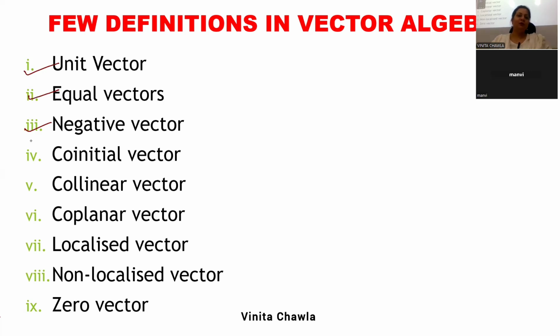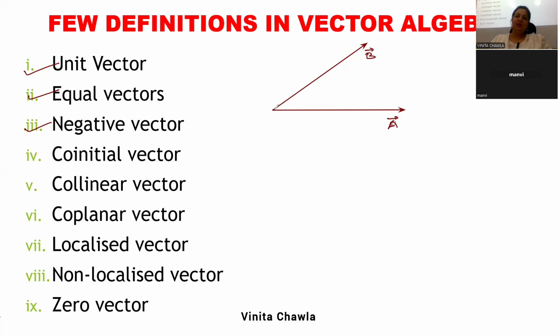So let's draw 2 vectors. Look at these 2 vectors now. Let this vector be vector A and this vector be vector B. You can see the starting point is coinciding. They have the same initial point.